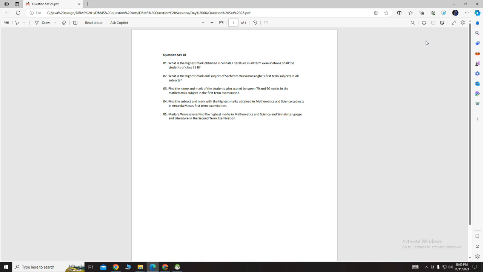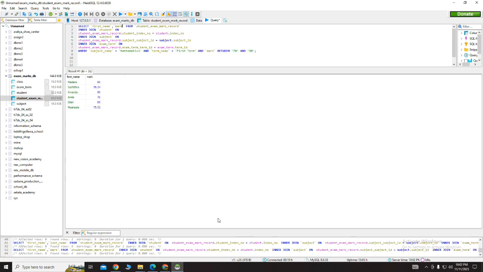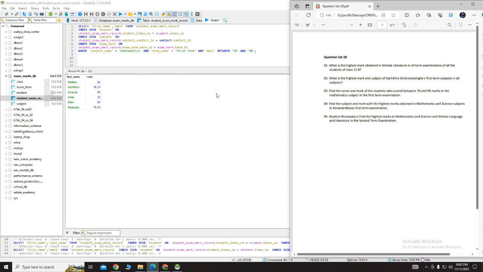The third question says, find the name and the mark of the students who scored between 70 and 90 marks in the mathematics subject in the first term examination. For the third question, we have said to find the name and the mark.